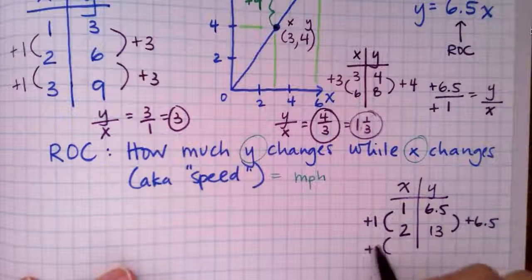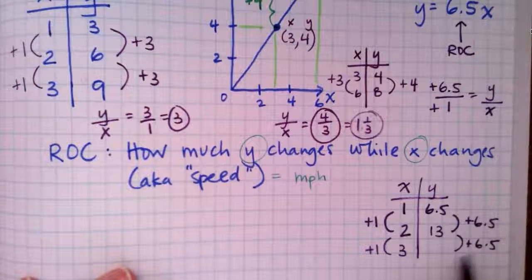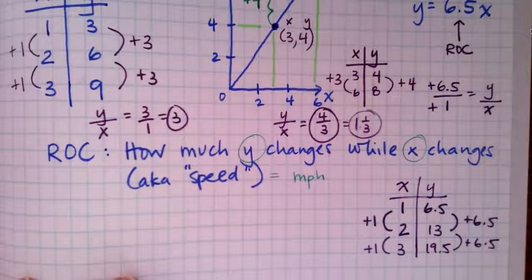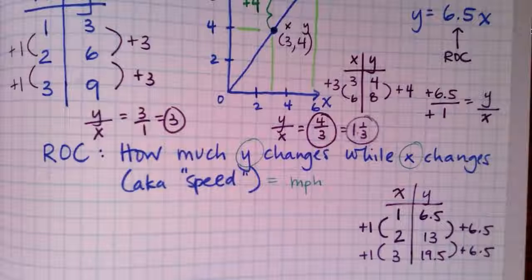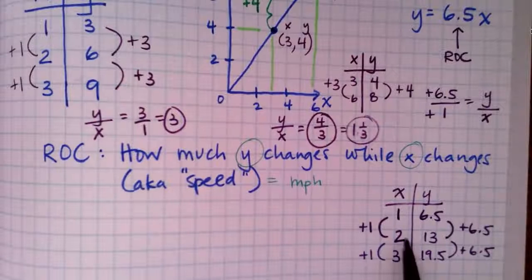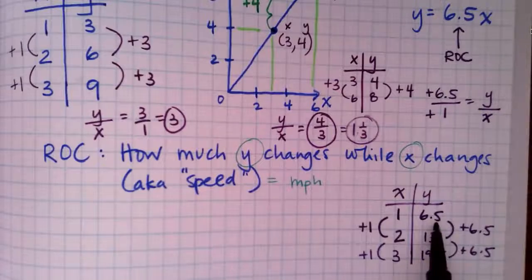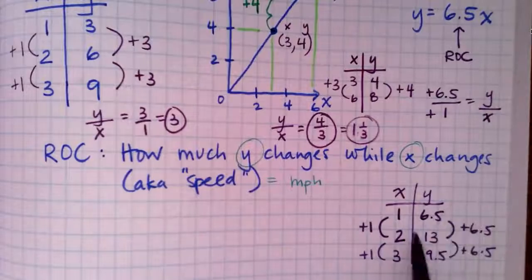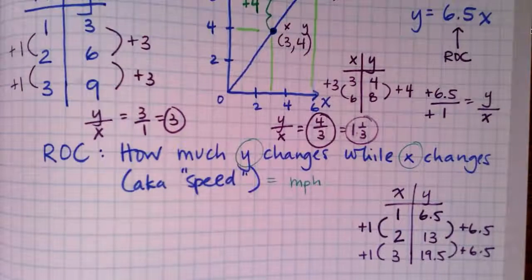Okay, so if I wanted to do more, I could just do that. This is 19.5. Okay, that's all that 6.5 means. And then if I wanted to change this table into a graph, I would just graph 1 and 6.5, so somewhere over here. And then I would graph 2 and 13, and find 13 and make a point there.